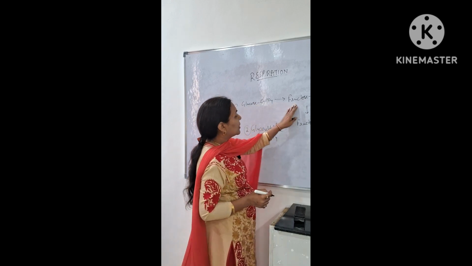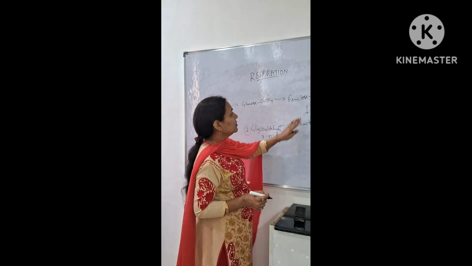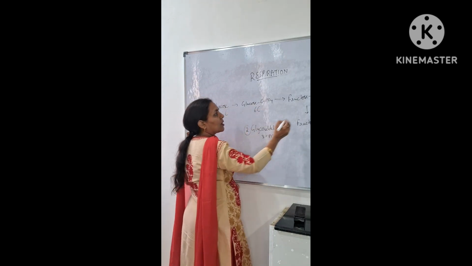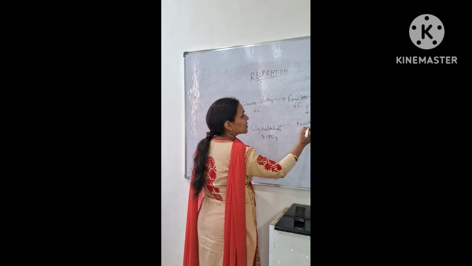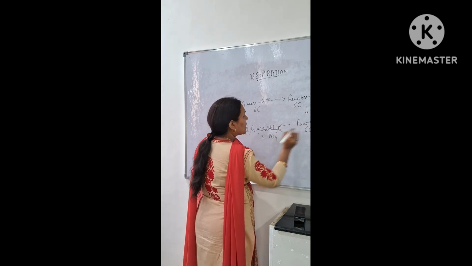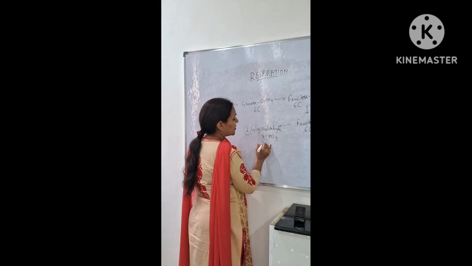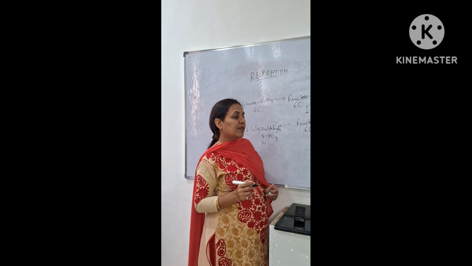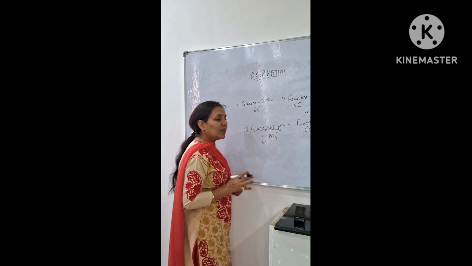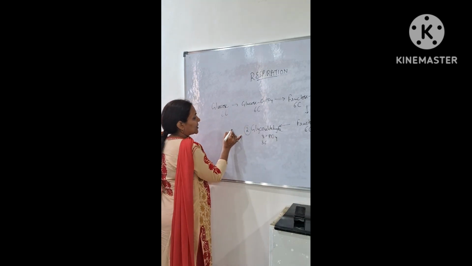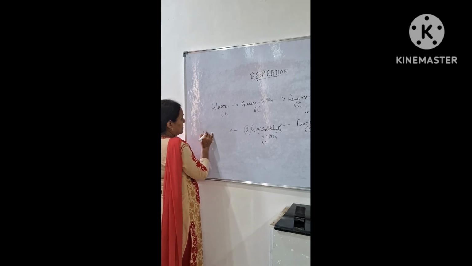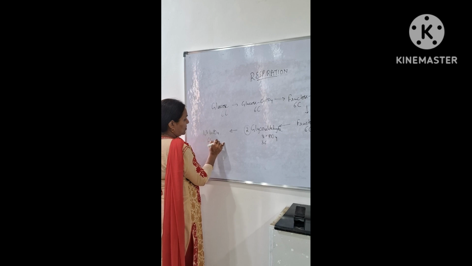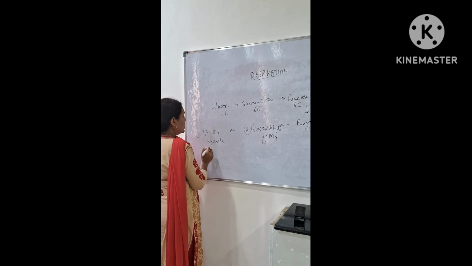Till here we have one molecule, 6 carbon. Glucose is 6 carbon, glucose 6-phosphate is 6 carbon, fructose is 6 carbon, fructose 1,6-biphosphate is 6 carbon, but glyceraldehyde 3-phosphate is 3 carbon. Now this glyceraldehyde 3-phosphate is converted into 1,3-biphosphoglycerate. Again 2 molecules. Why?